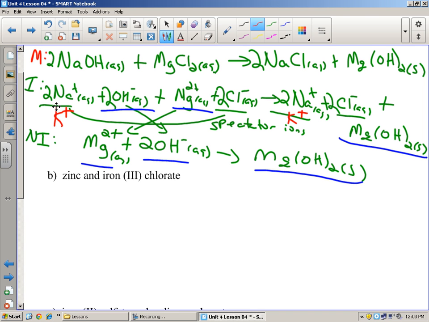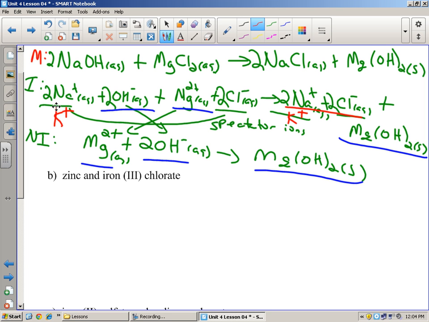In fact, I could do this reaction for you. Potassium hydroxide with that, and sodium hydroxide with magnesium chloride. I could put them right beside each other, and you wouldn't be able to tell the difference. They look exactly the same, because you can't see the ions floating around in here. The only thing you're going to see is the solid, and you get the same solid.